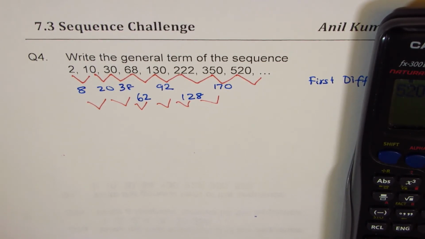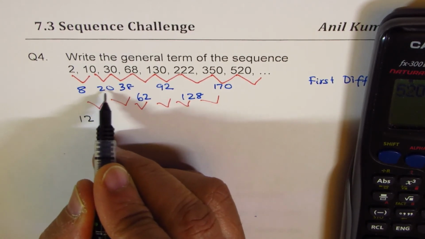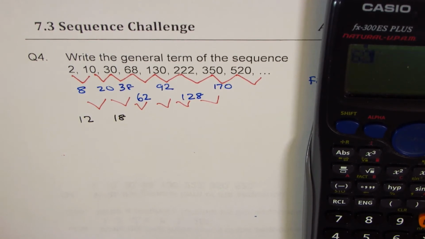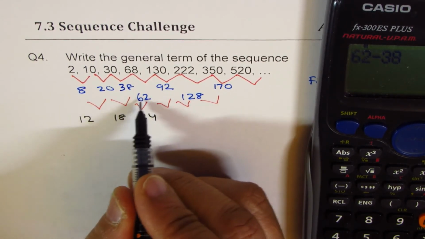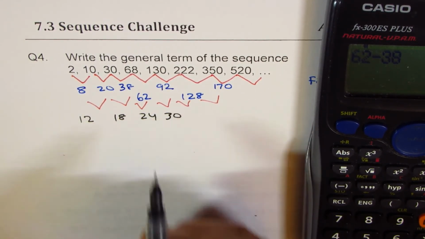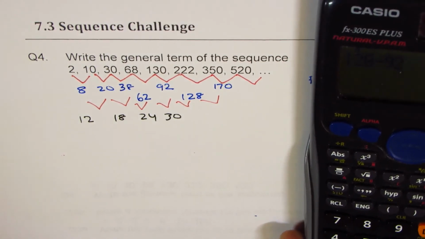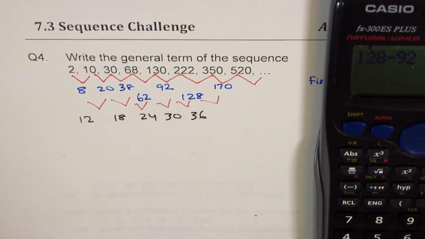So what we get here is 20 take away 8 is 12, 38 take away 20 is 18, 62 take away 38 is 24, 92 take away 62 is 30, 128 take away 92 is 36, so they are going up by 6, right? So you see a pattern now. 170 take away 128 is 42.